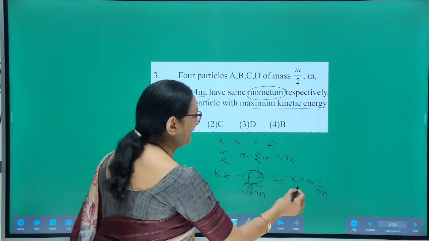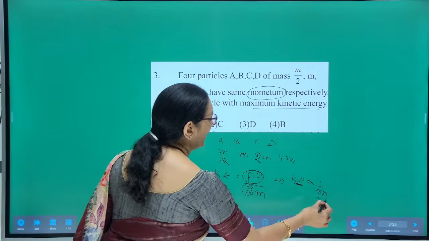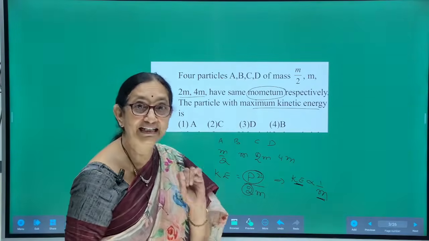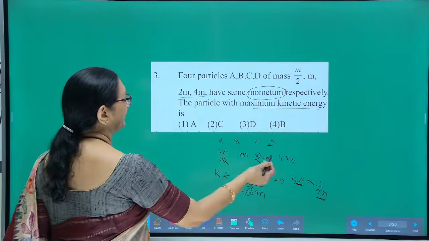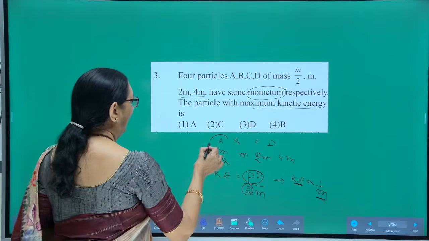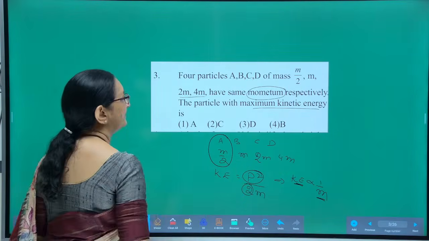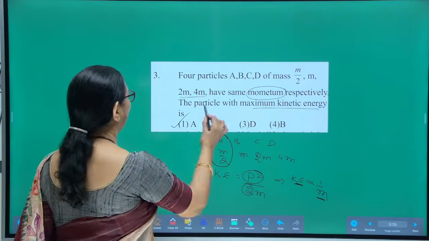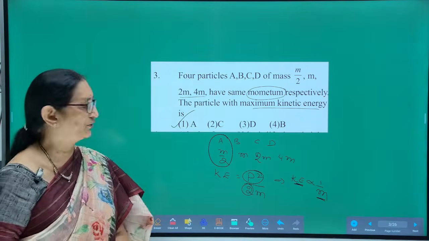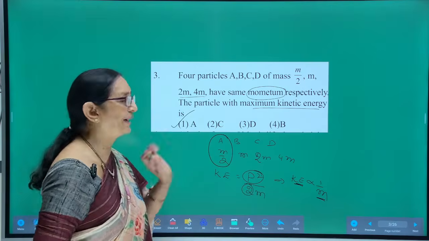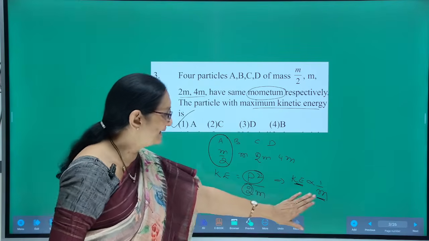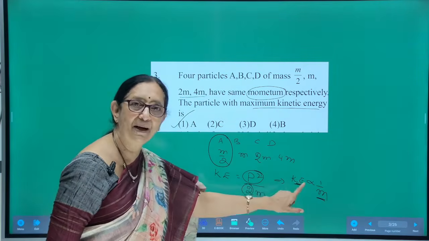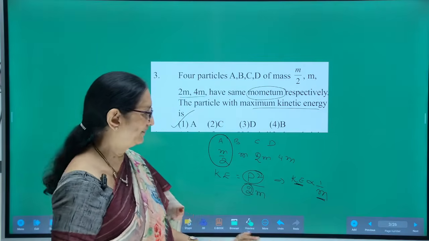So, KE will be maximum when mass is the least. For which of these particles is mass least? For the particle A, mass is just m by 2. So, this particle has the least mass, hence maximum kinetic energy, right.